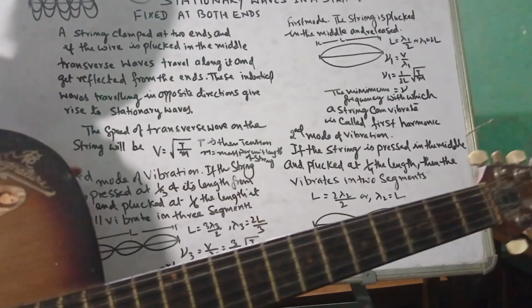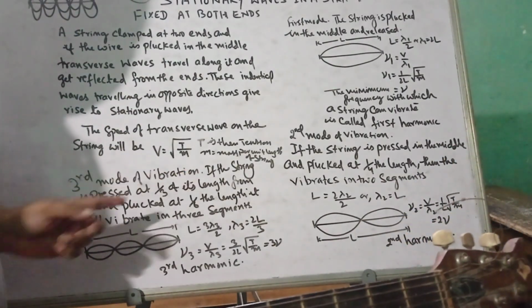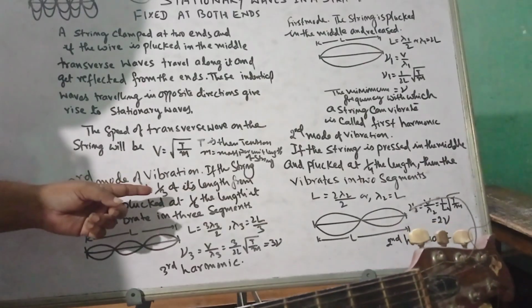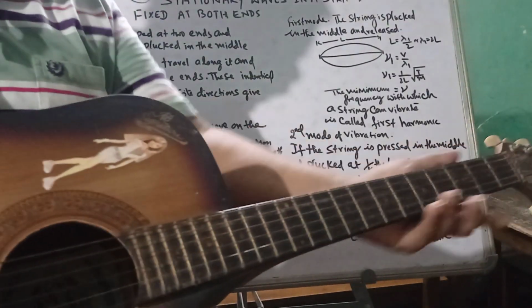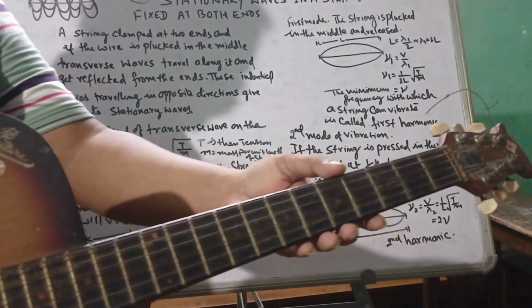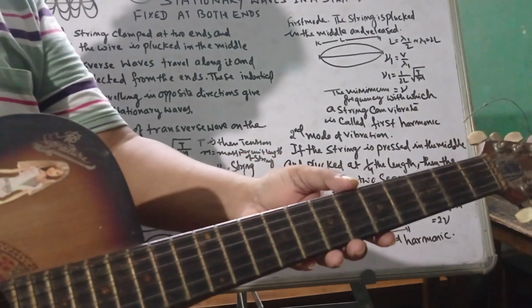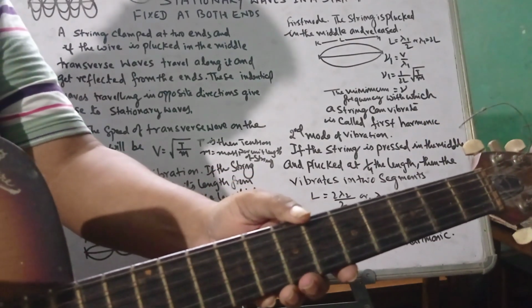Now in the third case, that is the third mode, if the string is pressed at one third of its length from one end, this is the length of the string, a rough idea, one, two, and three.